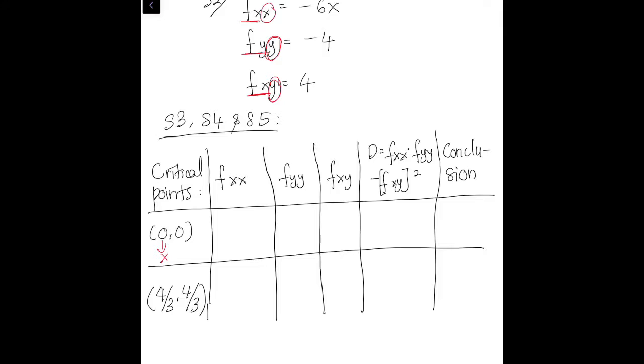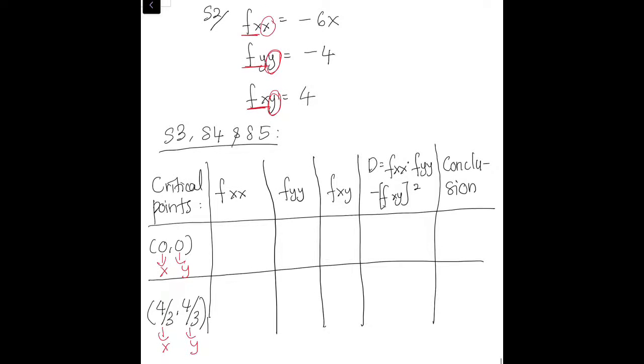For each critical point, we have one value for x, the first one, and the second value is for y. For the first critical point (0, 0), we have fxx, which is minus 6x. We write minus 6x and substitute x equal to 0 from the first critical point into this function, and then we get 0 for fxx.